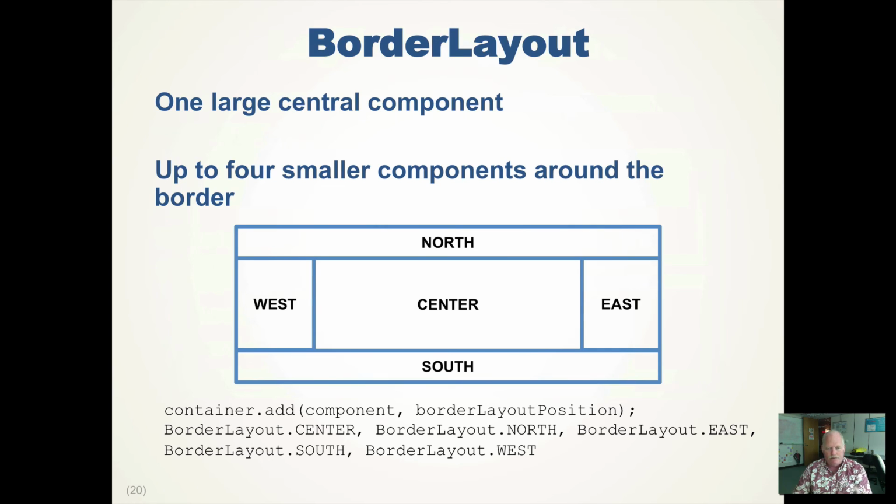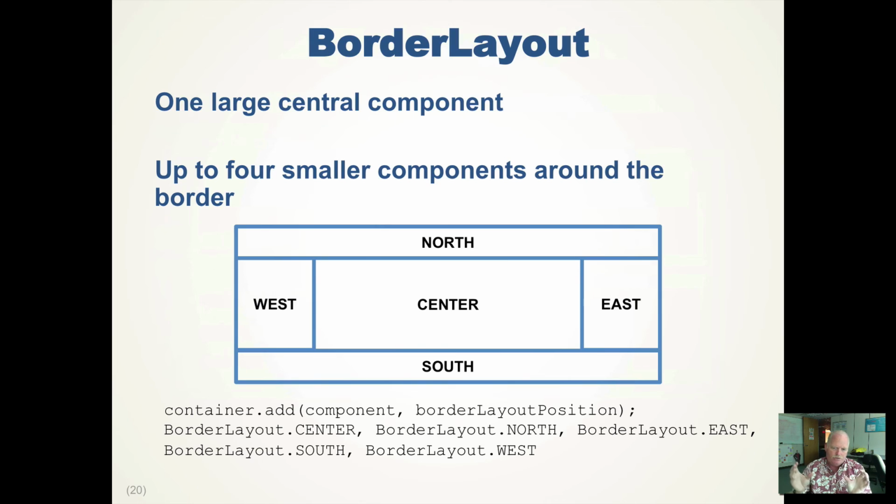So BorderLayout.CENTER, we'll put that component in the center. The center expands to fill up the space. It expands horizontally and it expands vertically. North and south, those components will expand horizontally but not vertically. So as you resize the window vertically, north and south don't get taller, the center gets taller.